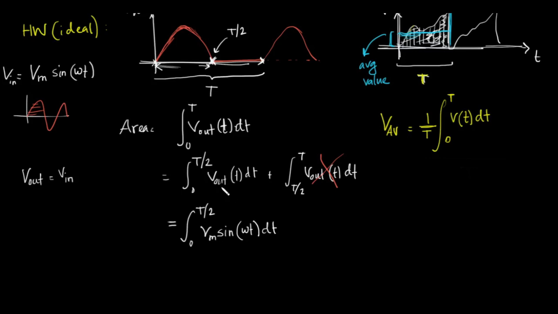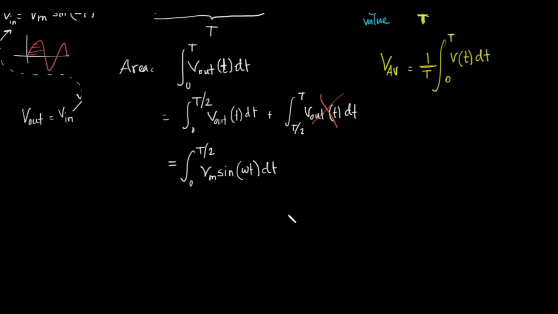How did I get this? I just put in V out equals V in, and this is V in. Simple enough.